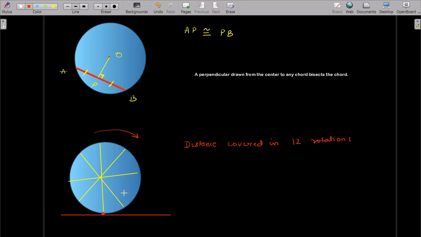Okay, actually I should not say rotation, it should be, yeah, rotation. So now it rotates one time. Okay, it starts from here and it starts rotating, and it comes back to its original point, the point which was touching the ground. Okay, so what do you think would be the distance covered in just one rotation?